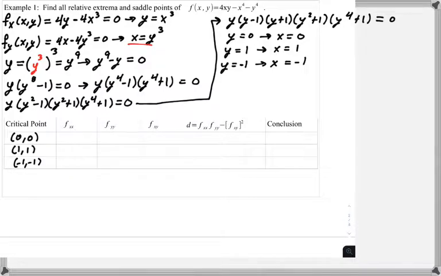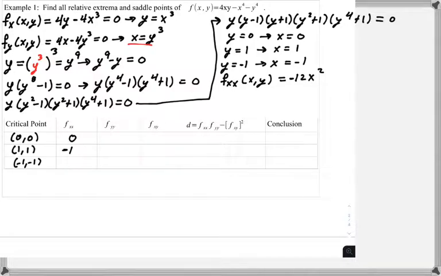Okay, so from here now we need to find the first partial with respect to x, second partial with respect to x, second partial with respect to y, and the mixed partial. So the second partial with respect to x is going to be minus 12x squared. If we evaluate that at 0, 0, that's going to be 0.